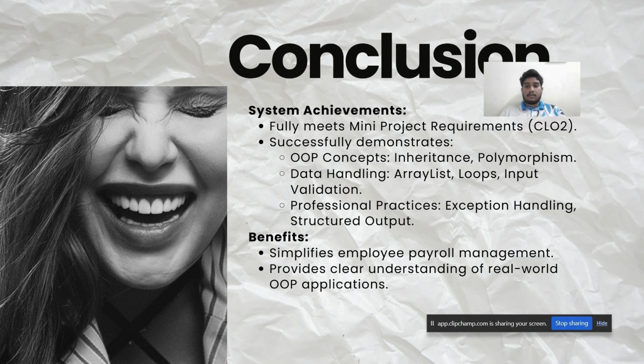In the OOP concept, we are using inheritance and polymorphism in the Java program. Then for data handling, we are using arrays and validation. Last one, professional practices: exception handling and structured output.